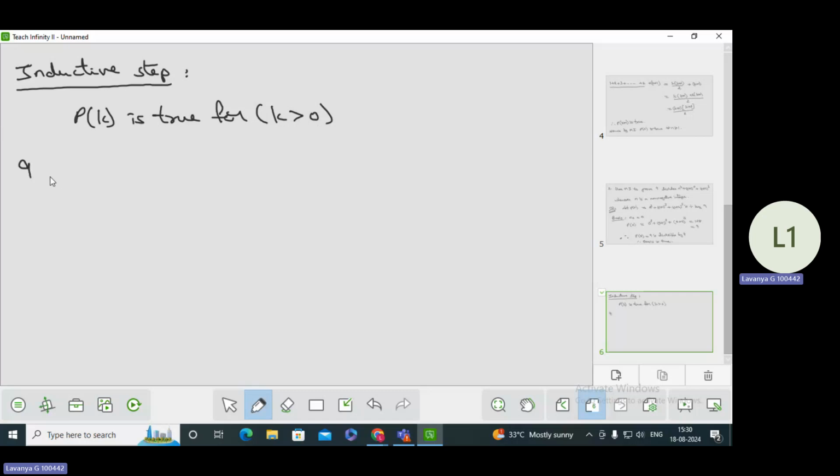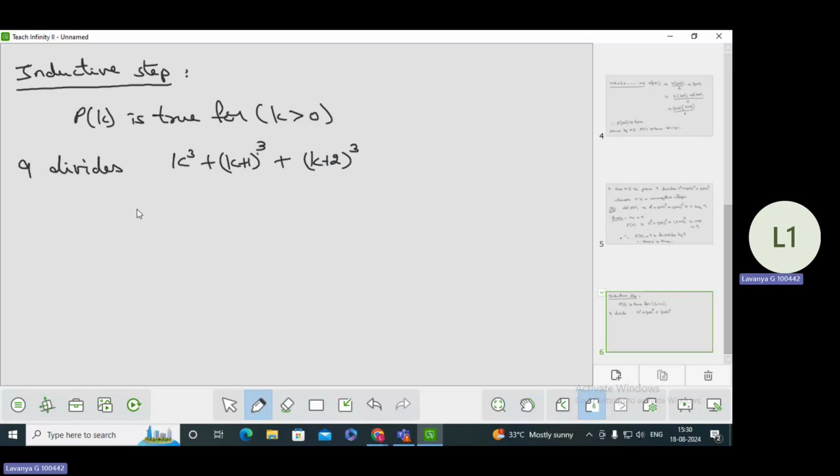Now I'm going to assume 9 divides k cube plus (k plus 1) the whole cube plus (k plus 2) the whole cube.